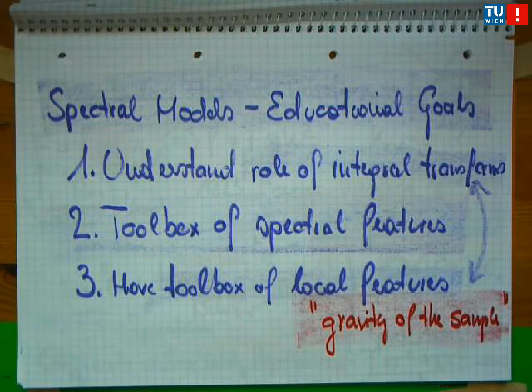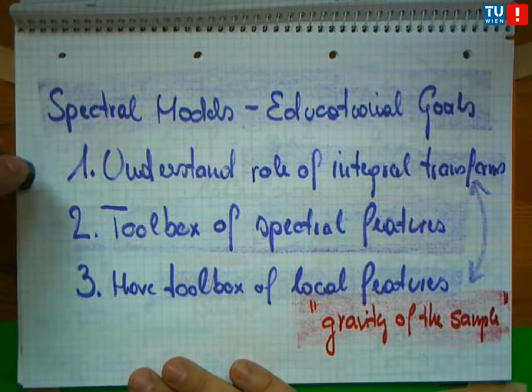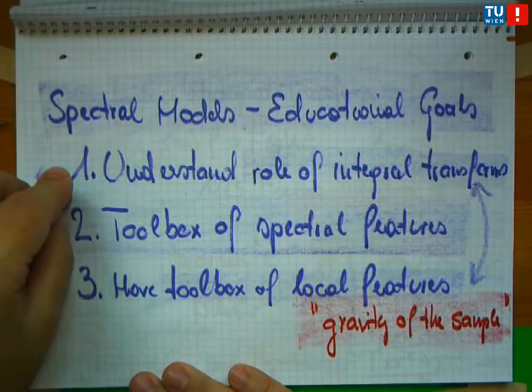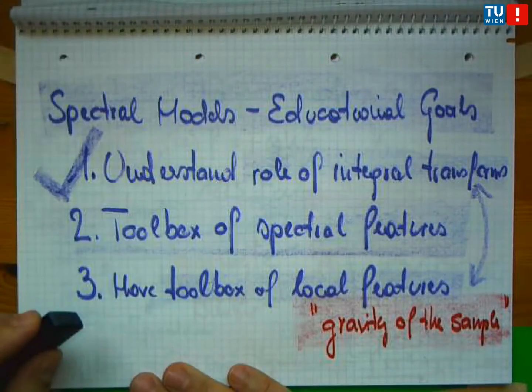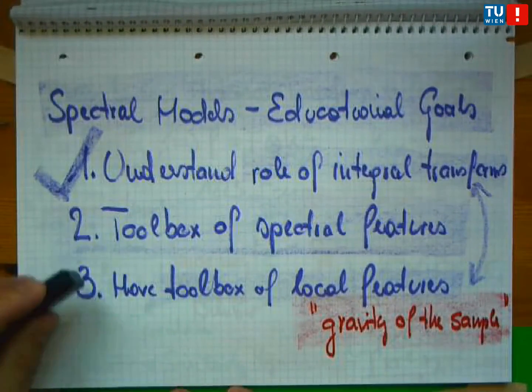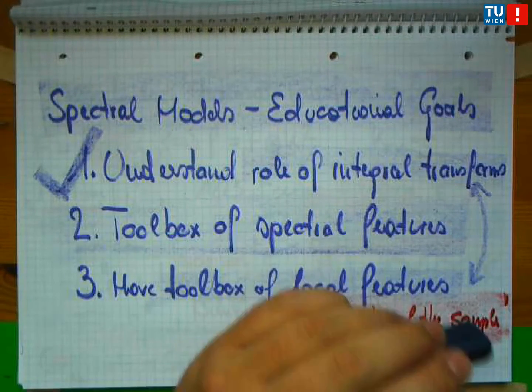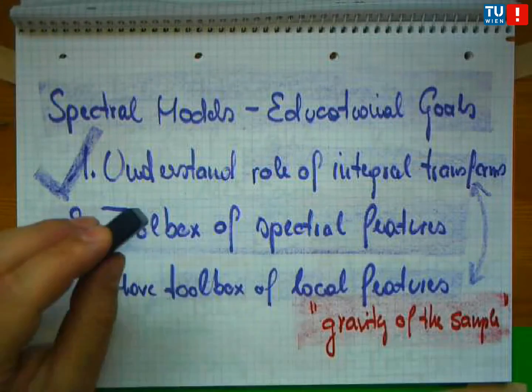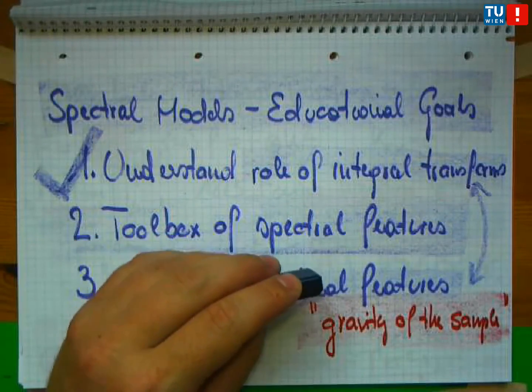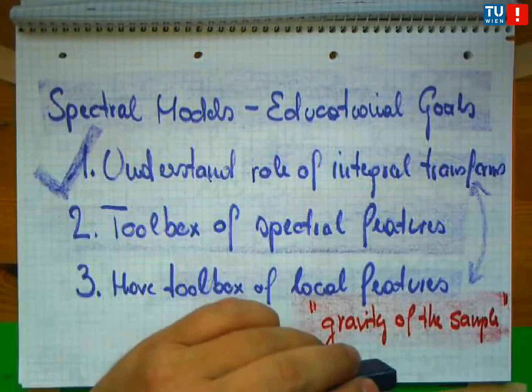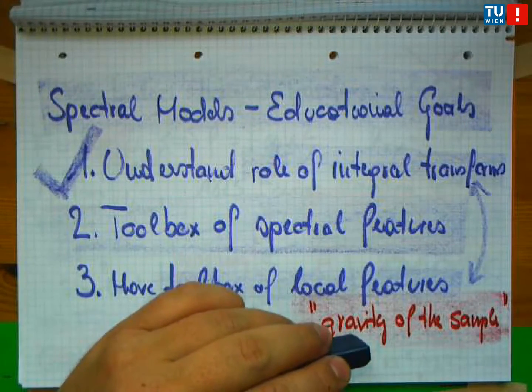Last thing to do, let's have a look at the educational goals. I think you understood the role of integral transforms, if you keep in mind that they were done for a different purpose: going to the spectrum, using the desirable properties, going back again. We don't have to go back again. Therefore, Fourier transformation gives us a uniform distribution of the spectrum.